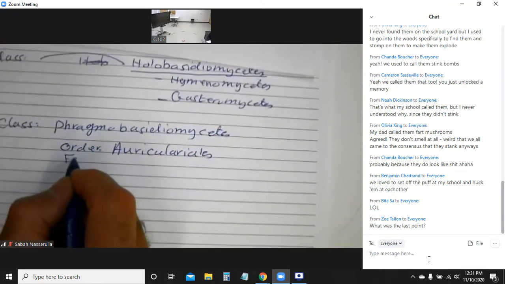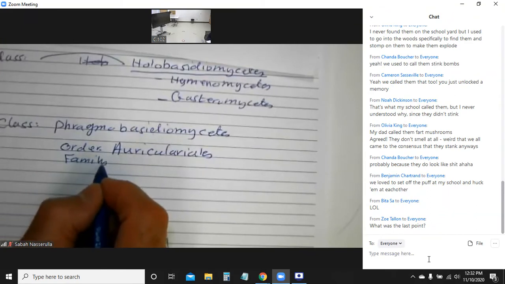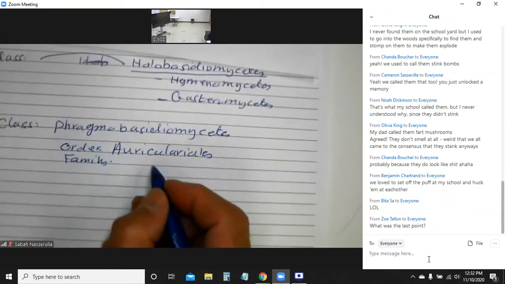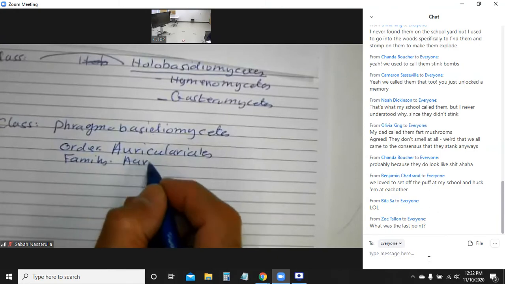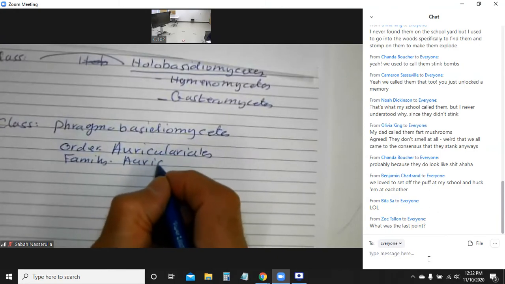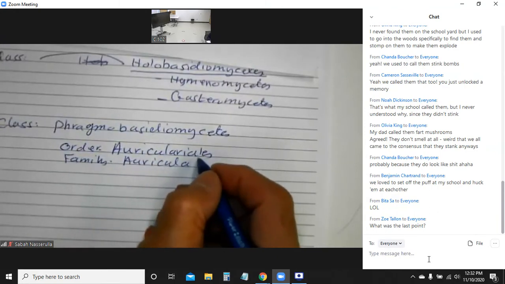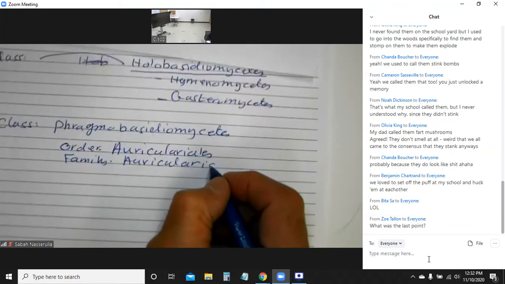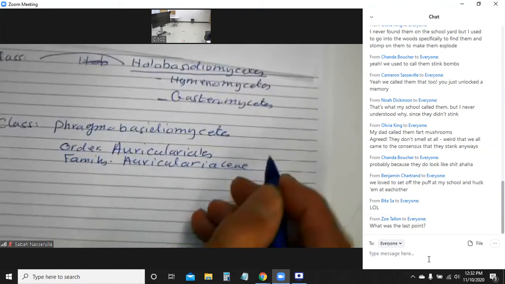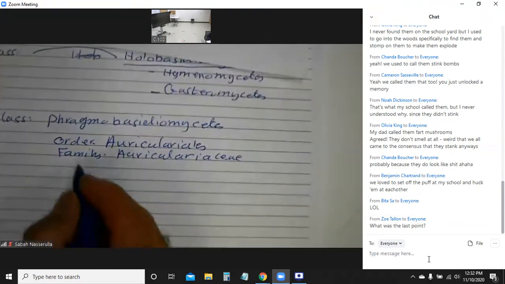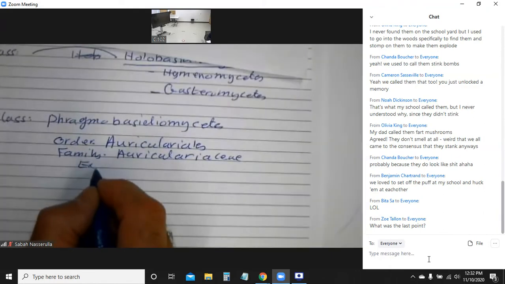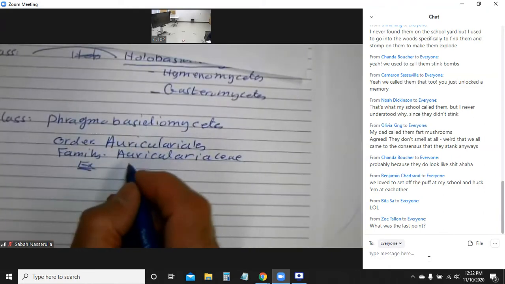And the family is called Auriculariaceae. And the genus, or the example we're going to use here, is known as Auricularia.